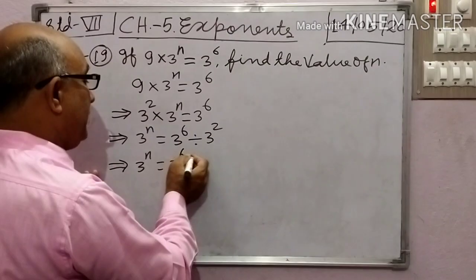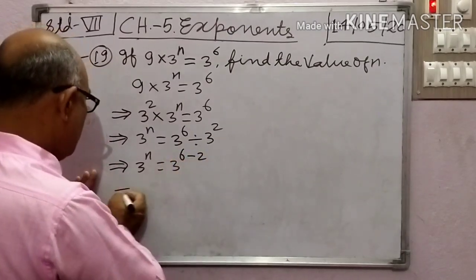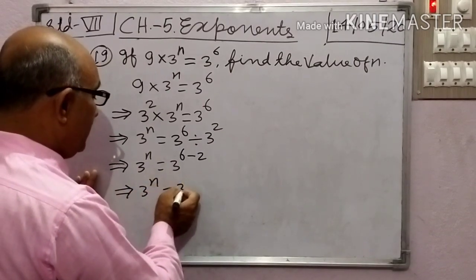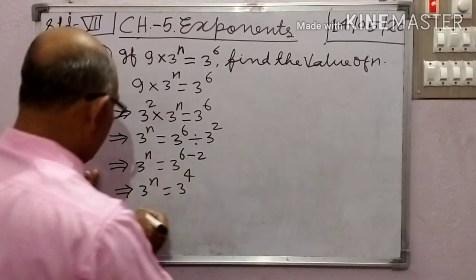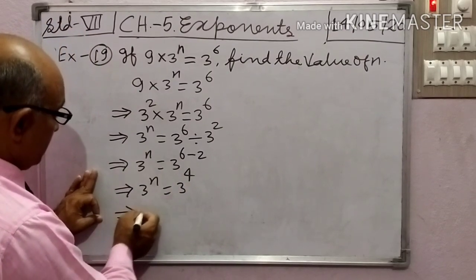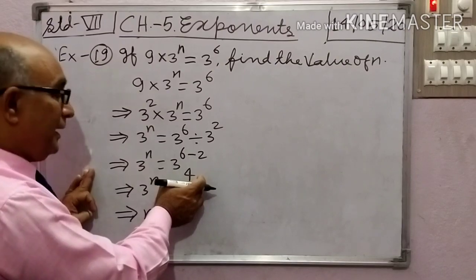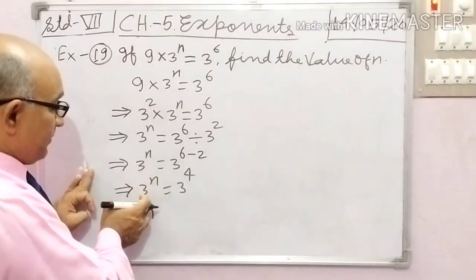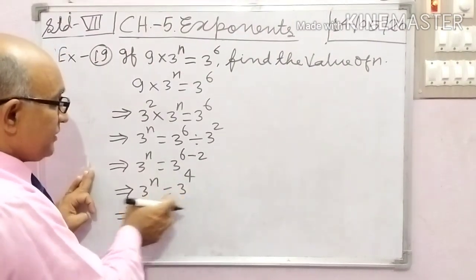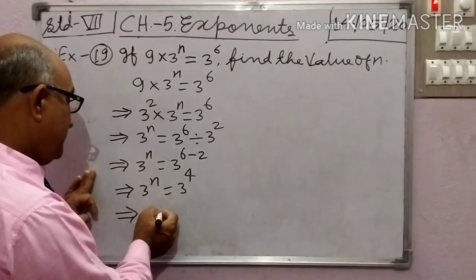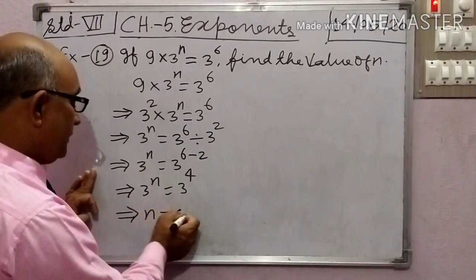That means 3 to the power 6 minus 2, so 3 to the power n equals 3 to the power 4. Here bases are same, then exponents are also same, so n equals 4, answer.